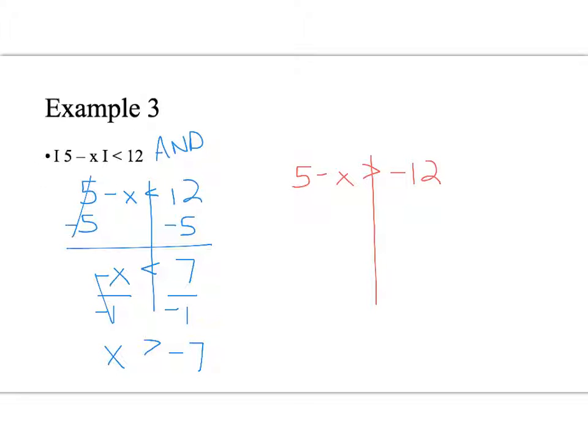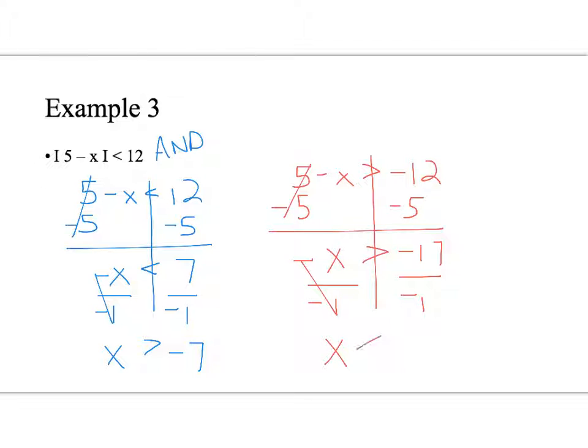All right, in red, I would also subtract 5, leaving me with a negative x is greater than negative 17. And then, again, divide by negative 1 to get rid of that negative sign. When you divide by a negative, I'm going to flip the inequality, so now it's x less than positive 17.